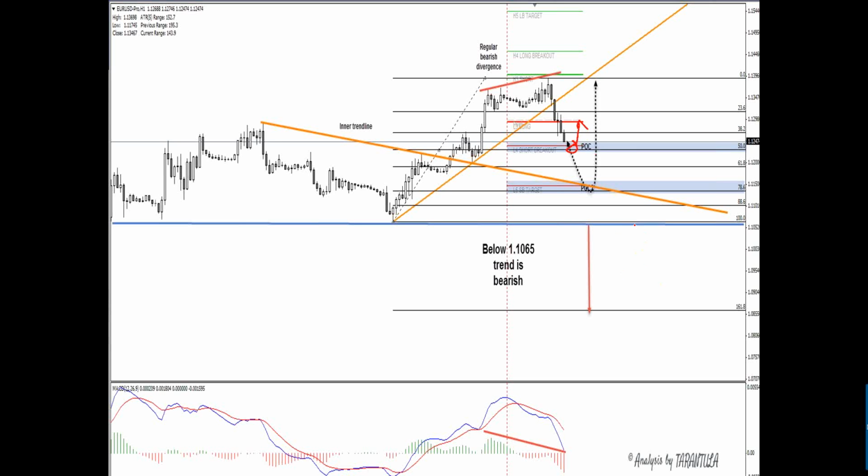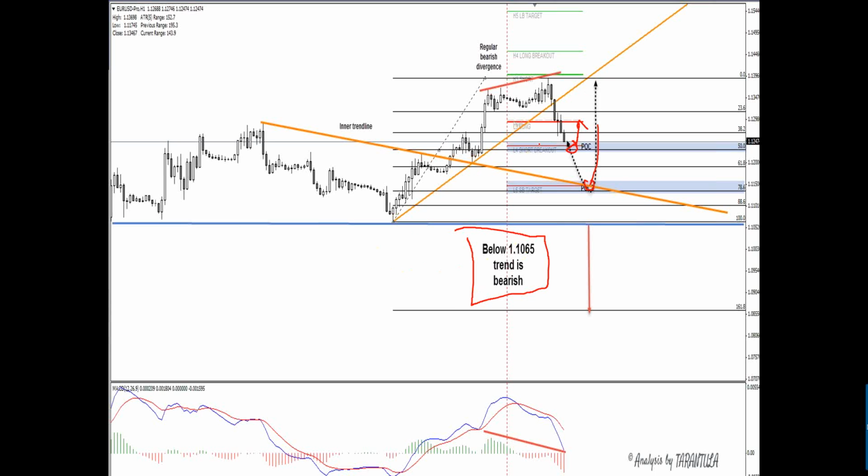Looking at the bigger picture, we are still in an uptrend even if the price breaks here and jumps again, until a daily close below 1.1065 is spotted. When we spot a daily close below this spot here, that will be the end of the uptrend, and that will be a shift of the euro-dollar trend to the downside.